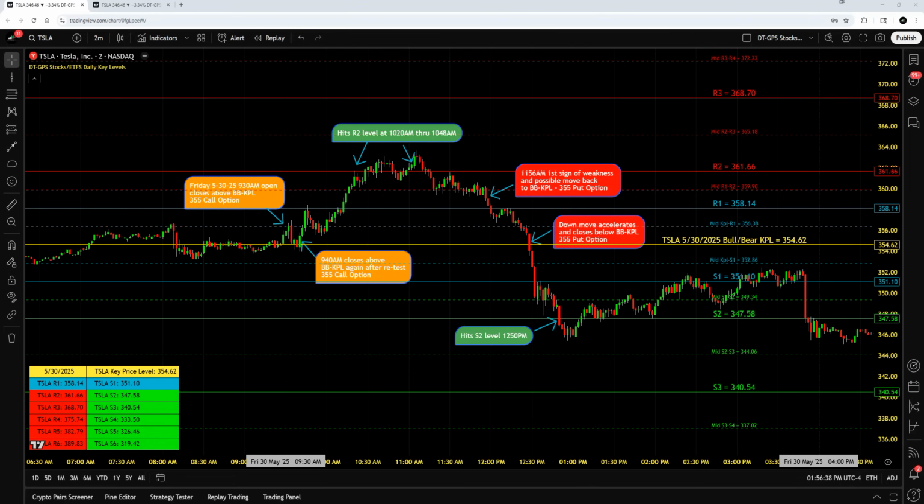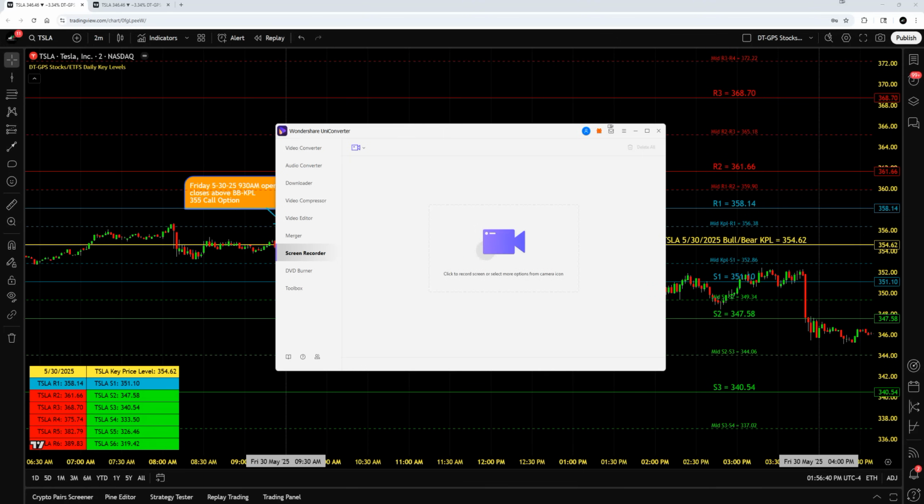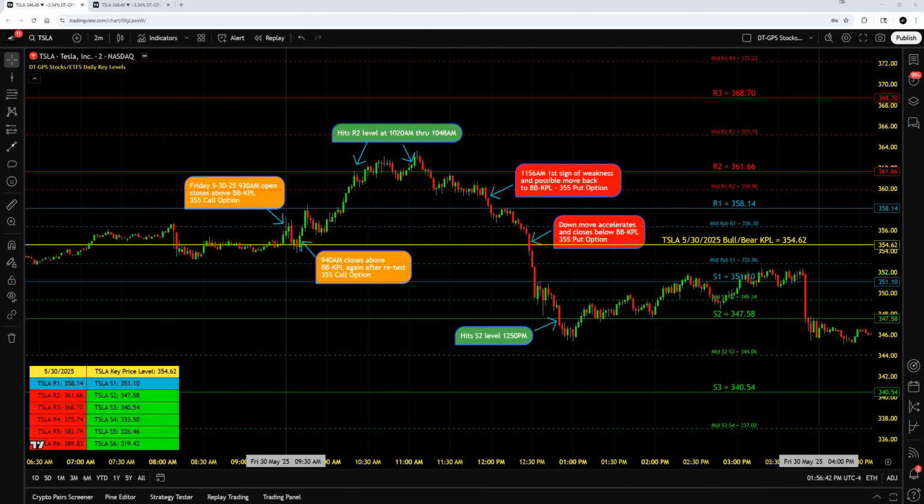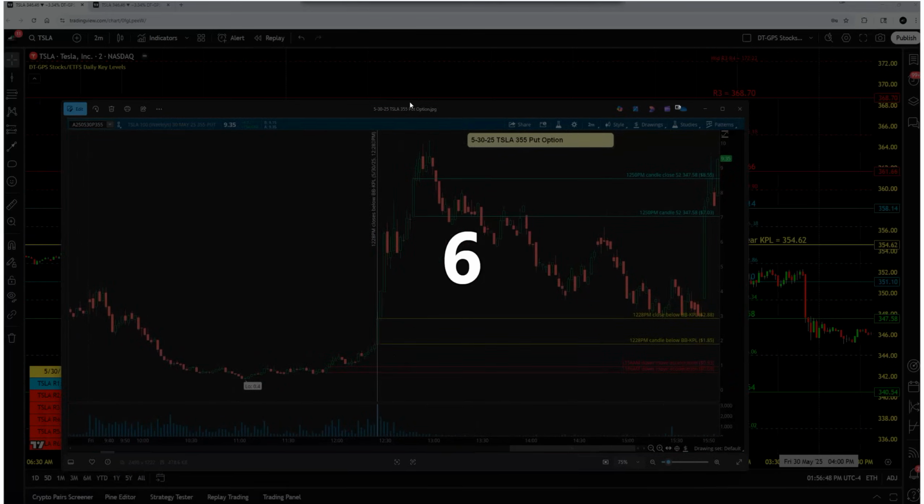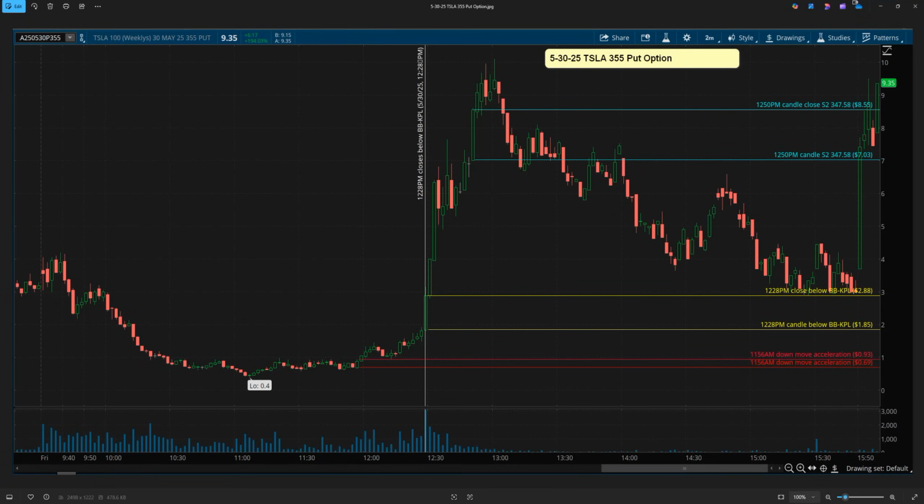So the point that I'm trying to make is that, let me grab this. The point I'm trying to make is when Tesla was near the high of the day, this 355 put option was 40 cents.